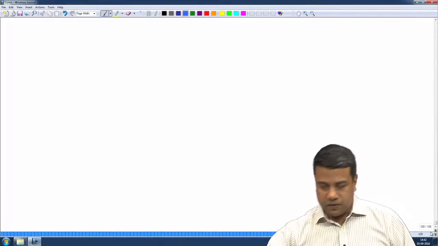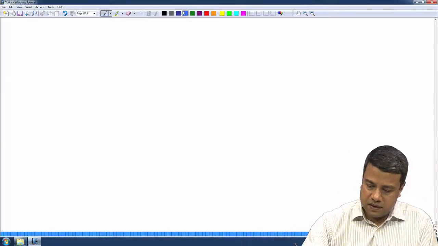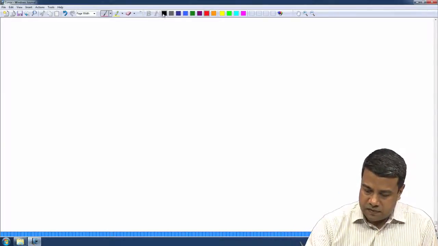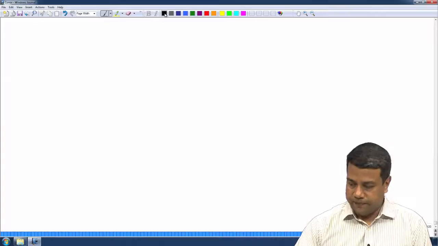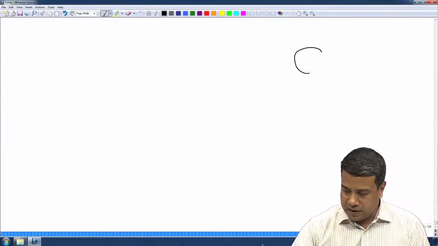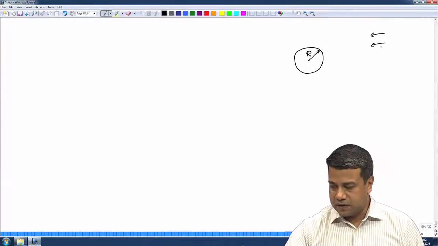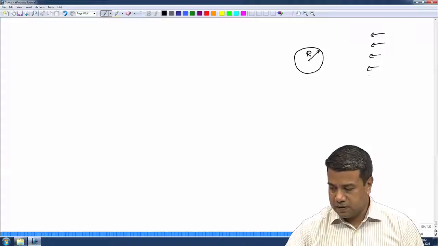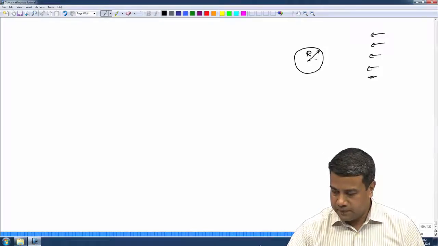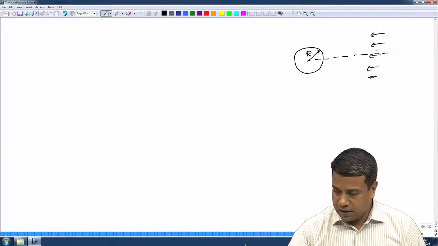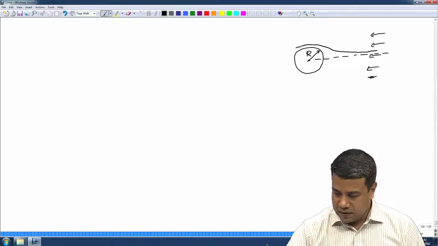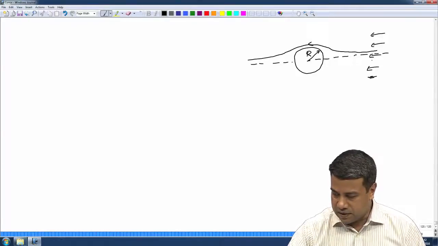Let me go on to a slightly more complicated problem, that is the mass transfer from a spherical particle. I have a spherical particle of radius r, and I have fluid that is convected past this particle in a laminar flow. It goes around and comes down on the downstream side.